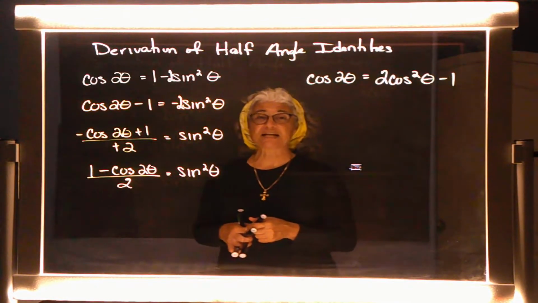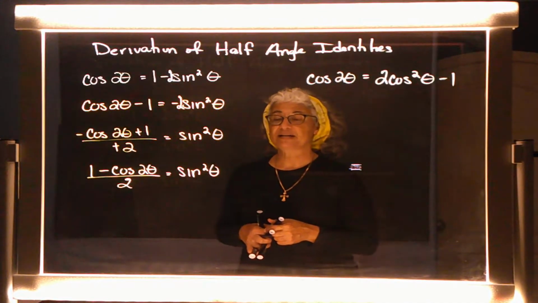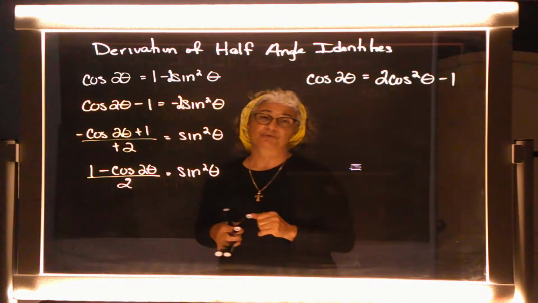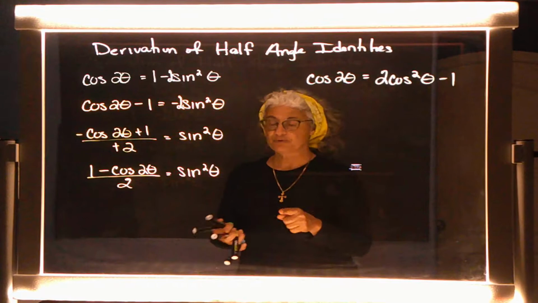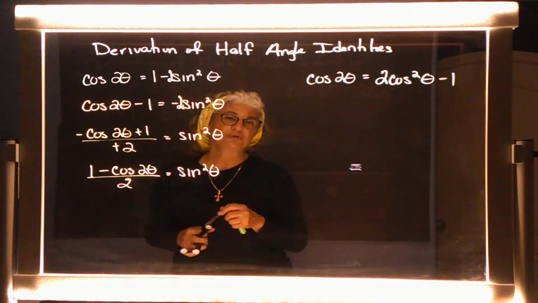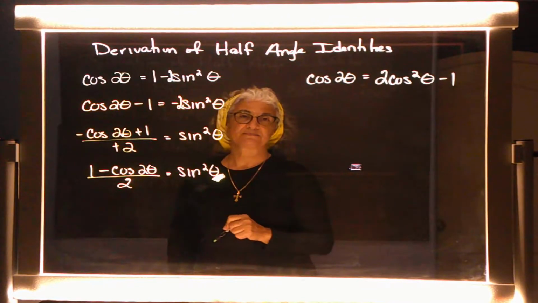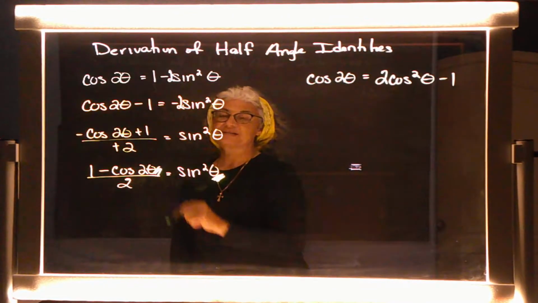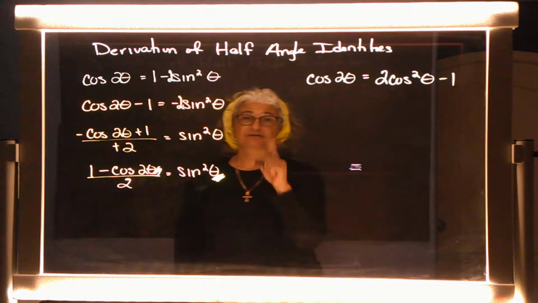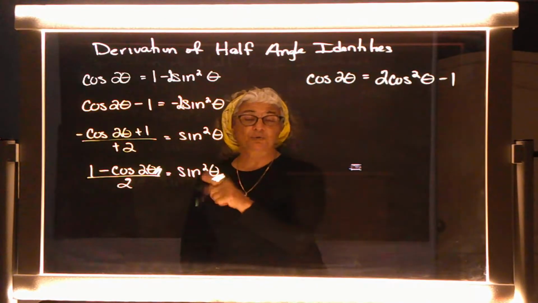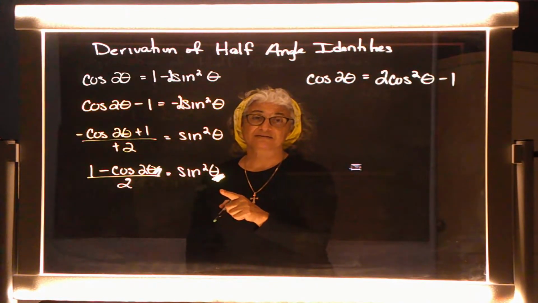Okay. Here's what I'd like you to notice here. Now I can get sine by itself, and the way I get sine by itself is I'll take that square root. Agreed? But here's what I want you to notice. Do you notice that this is a single angle, and over here is twice as big? That's a 2 theta, right? That's a double angle. It's twice as big, isn't it?